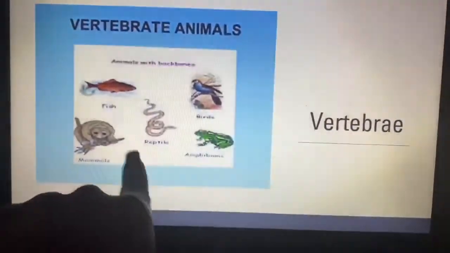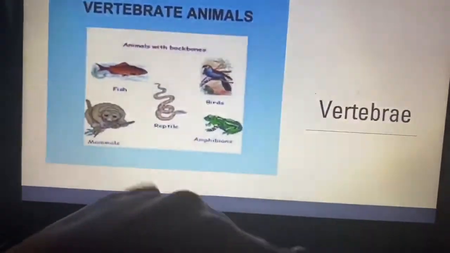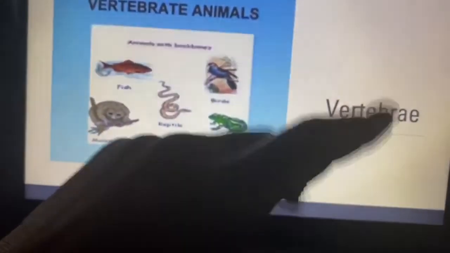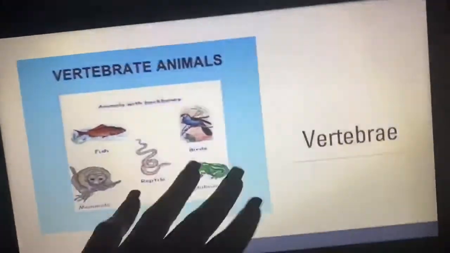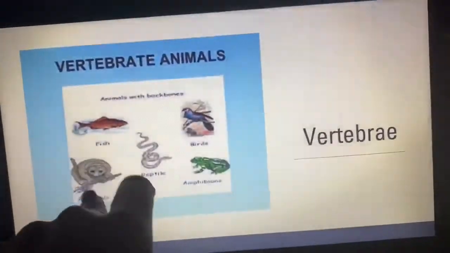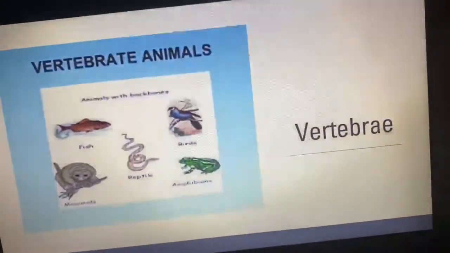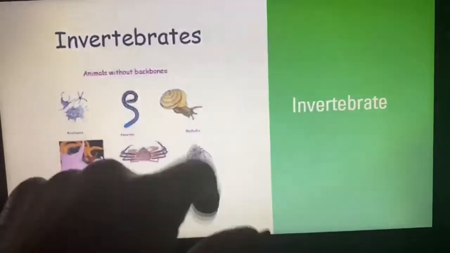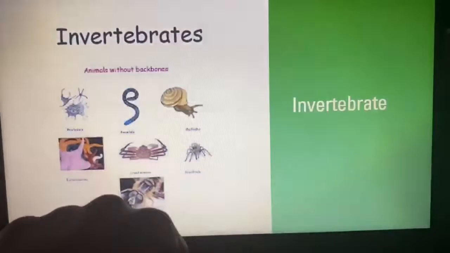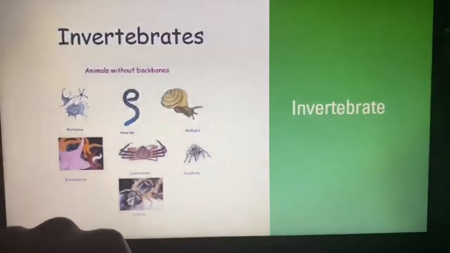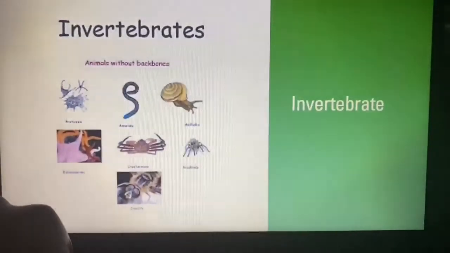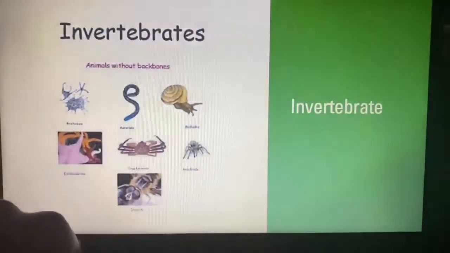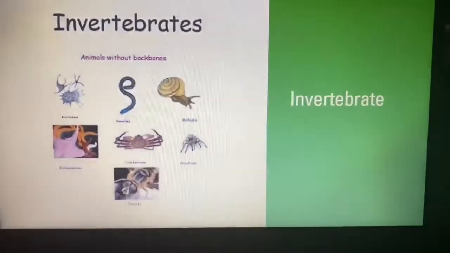Here are some vertebrates: fish, mammals, amphibians, birds, and reptiles. These are pictures of different vertebrate animals. Then you have invertebrates: worms, spiders, crabs, bugs, jellyfish, snails.